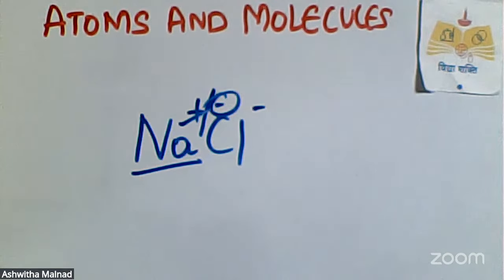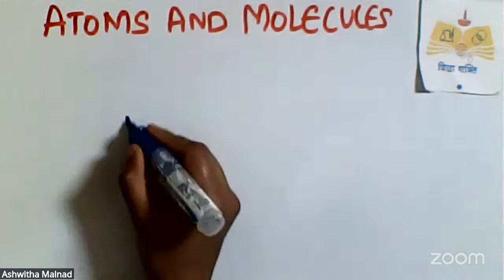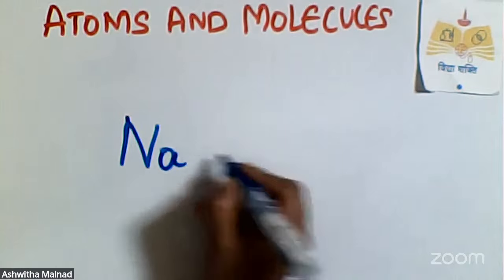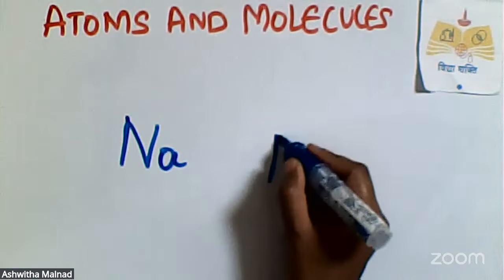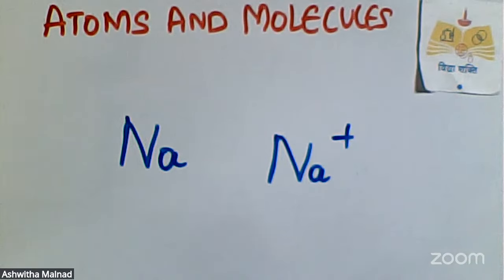Why does sodium, that is Na, become positive here? Any guesses? This is very much in line with cation and anion that I had discussed.